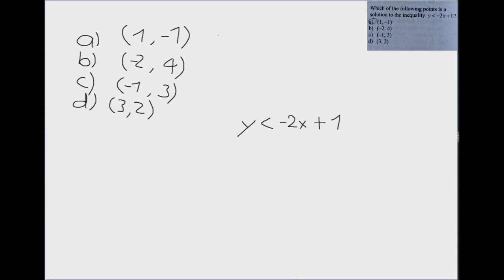And as most know, negative times negative is positive, so we have -2 here and -2x here, which will equal into just 4. So we start from the bottom with D here.